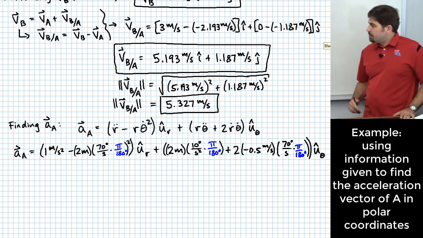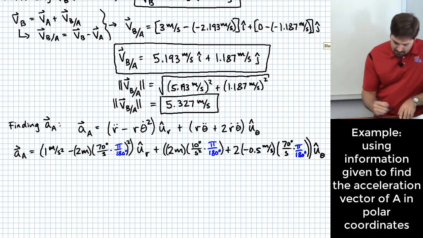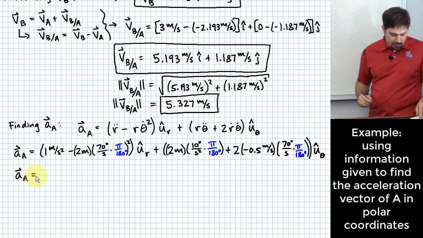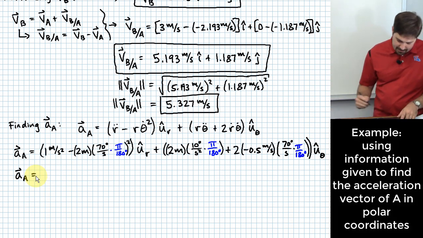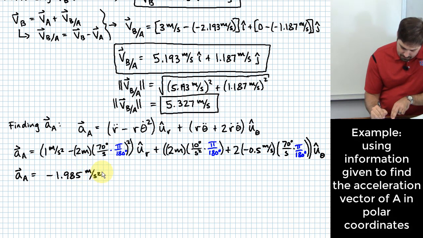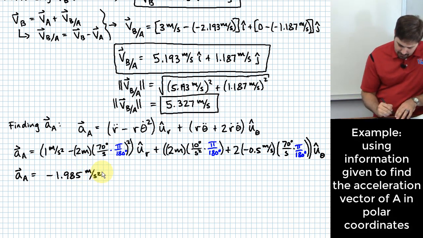So now what we want to do is actually find those values. Again, I'll spare you the boredom of punching them in the calculator. Hopefully you believe me that I got these values correct. I've got negative 1.985 meter per second squared, and that's times that unit vector in the radial direction.